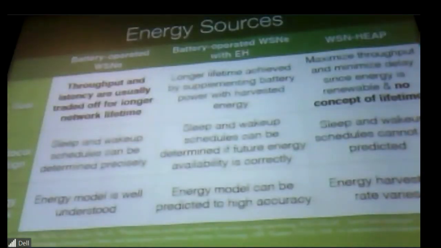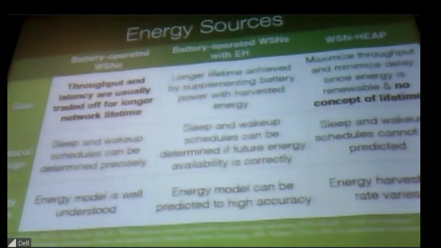For the energy sources of wireless sensor networks, we can divide them into three categories. The first one is battery-operated wireless sensor networks. The second one is wireless sensor networks powered by ambient energy from the environment, the solar energy, ambient RF energy, mechanical energy, and so on, and a hybrid of those two systems.